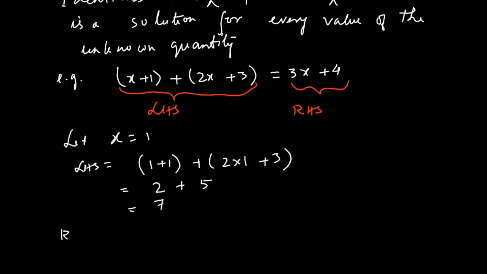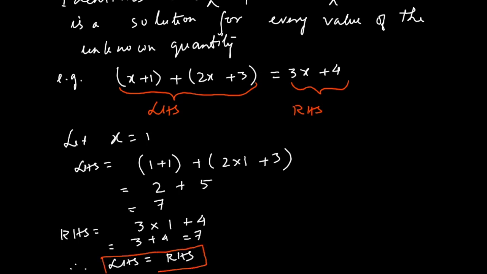Now RHS equal to 3 into 1 plus 4. 1 is the value of x, so 3 into 1 is 3, plus 4 equal to 7. Therefore LHS equal to RHS here.